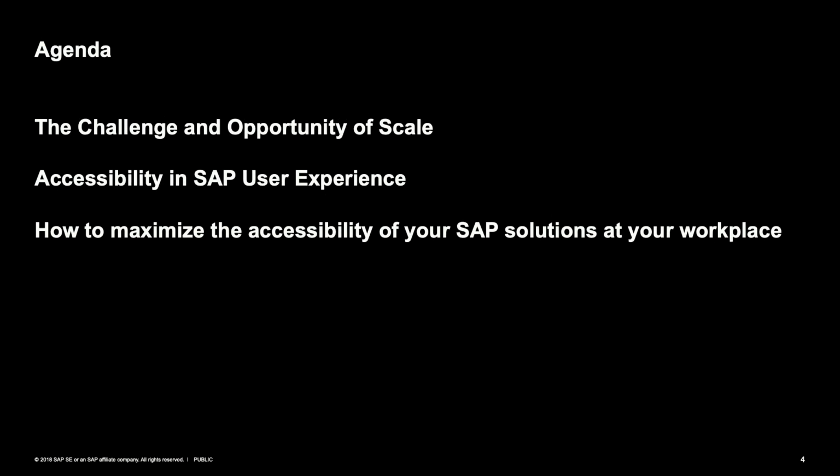Fiori is the design, the user experience that all of our modern products and solutions are either using or heading towards. And being HTML5 based, it has the best accessibility and is the easiest to tailor to your needs. I'll finish up with just a couple of tips on how to maximize the accessibility of your solutions.